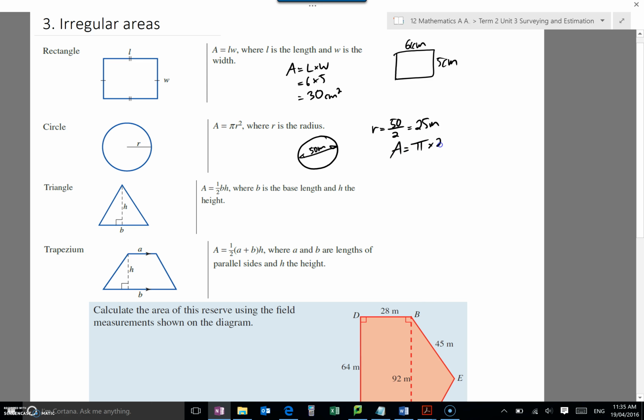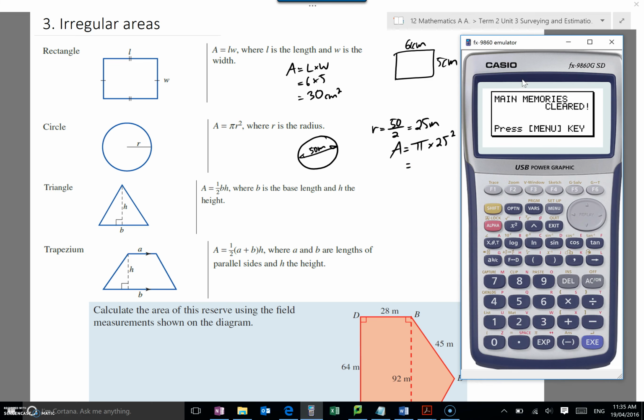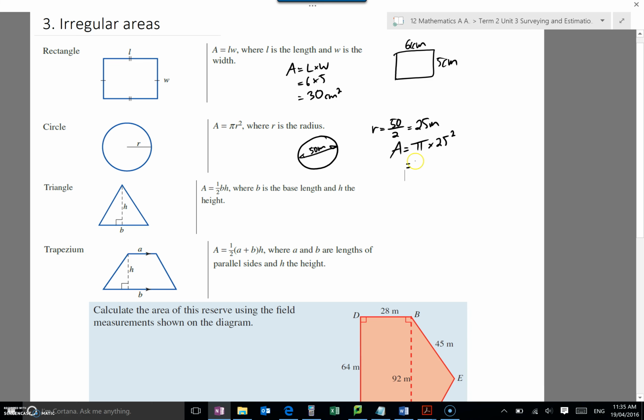So pi times 25 squared, and then I'll be off to my calculator. To find pi, it's shift and the EXP key. Pi times 25 squared, 1963.49. The units are meters squared.